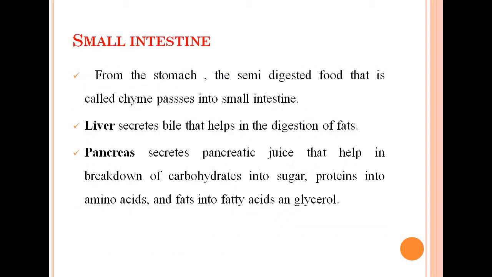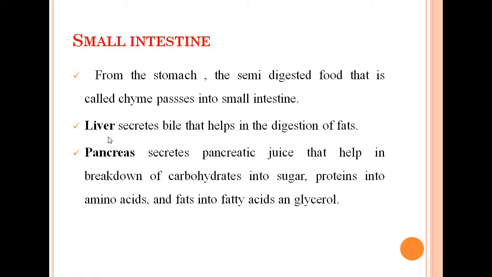Small intestine. As we saw in the figure, the name is only small, but it is very long, longer than the large intestine, and it is a coiled tube-like structure. From the stomach, the semi-digested food, called chyme, passes into the small intestine. So what is the function of the liver?